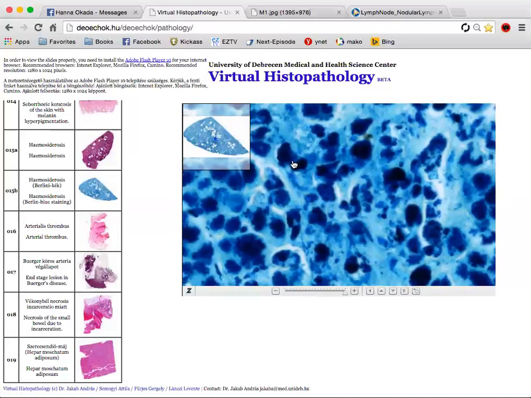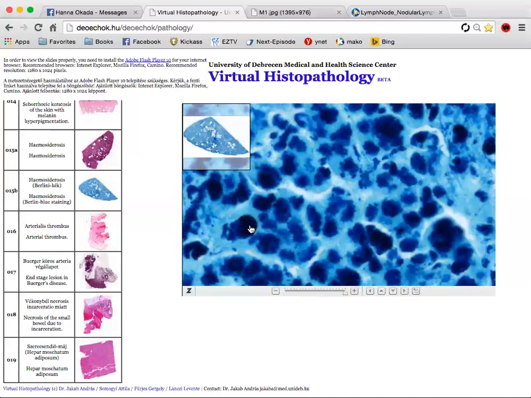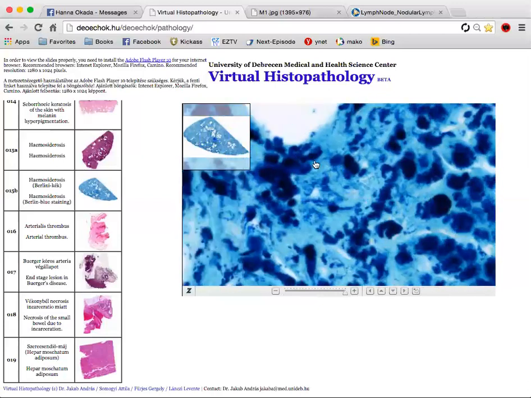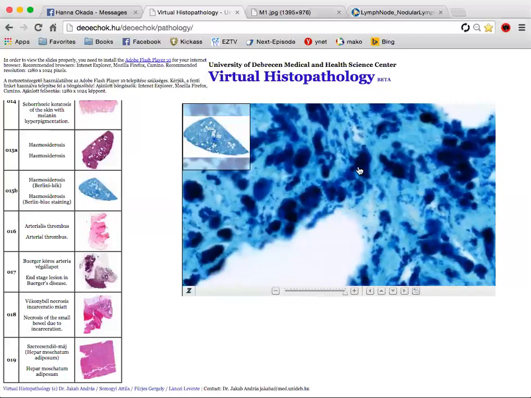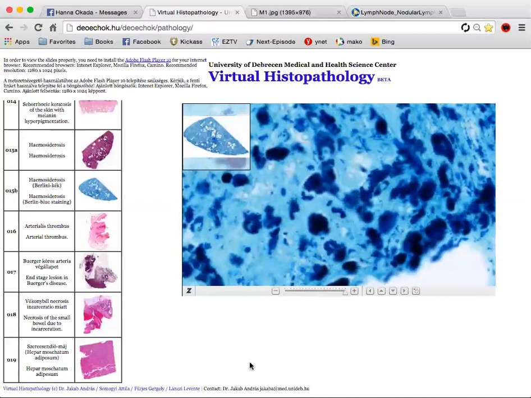This is all iron. It stains iron, and you use it mainly for the liver and also bone marrow. So Prussian blue stains iron. Iron means including hemosiderin? Yeah.